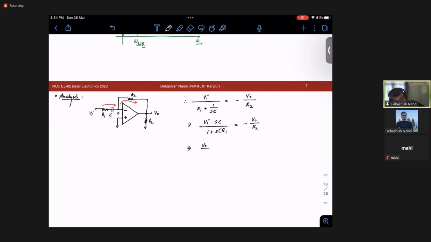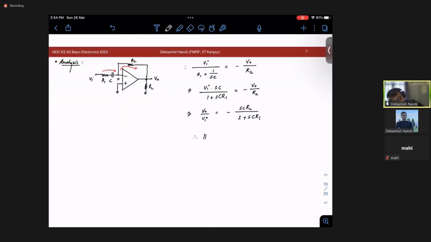So your V naught by Vi is nothing but minus SCR2 divided by 1 plus SCR1, right? So this is your H of S equal to minus, let me take CR2 outside, so it will be S over 1 plus S by 1 over CR1. Okay, so if I just do it in the Fourier domain, it will be this: j omega over 1 plus j omega by omega 1.